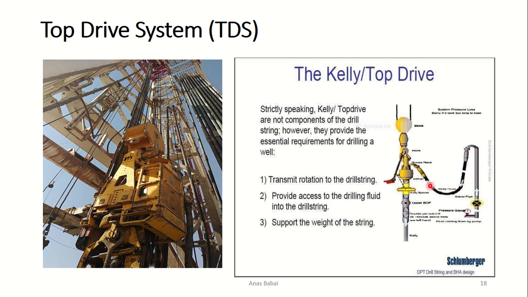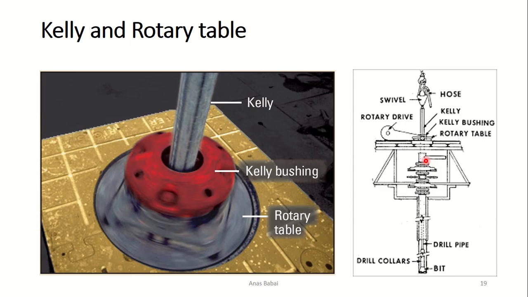The mud comes through this pipe and is pushed through the drill string. It also supports the weight on the string, so it also controls the weight on the string. This is a better view of the Kelly, and this is the Kelly bushing, and this is the rotary table.